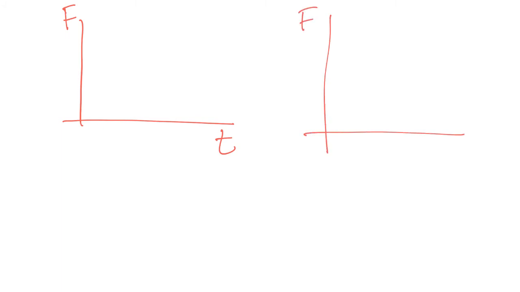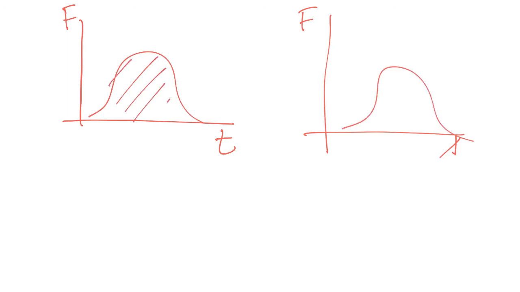I do want to mention one thing that sometimes gets people confused. You have F versus T, and you also have F versus position. If you have graphs like this, these areas have very specific meanings.